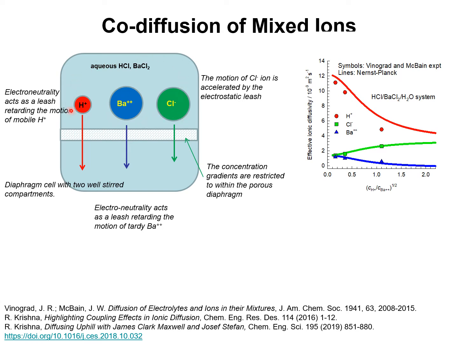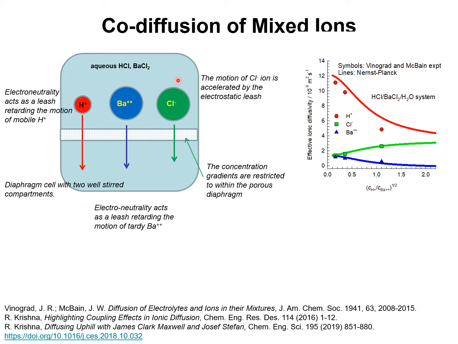The top compartment contains a mixture of hydrogen chloride and barium chloride, and the bottom cell is pure water. The two cells are separated by a sintered glass disc that is very thin.